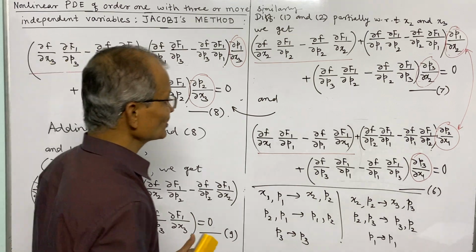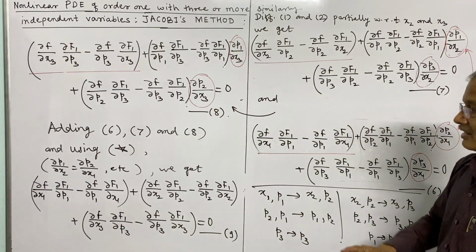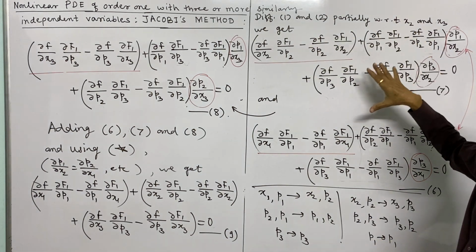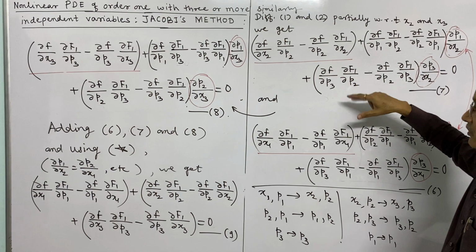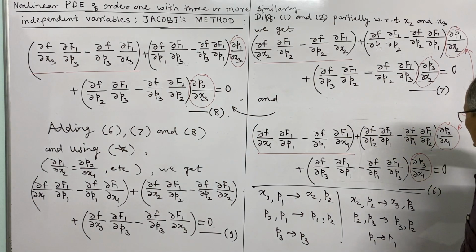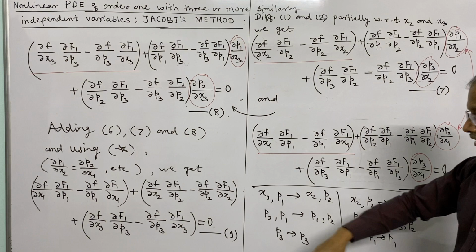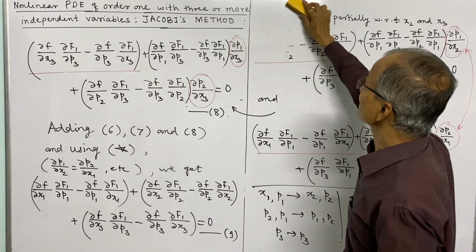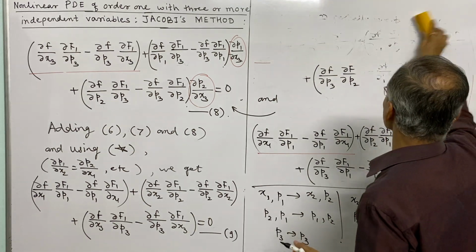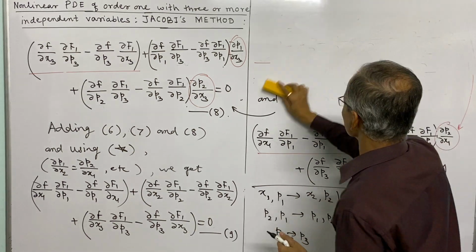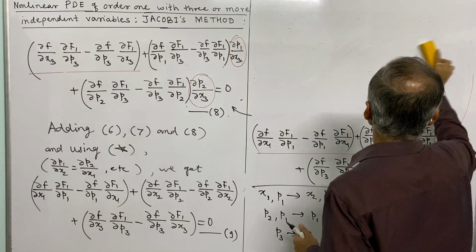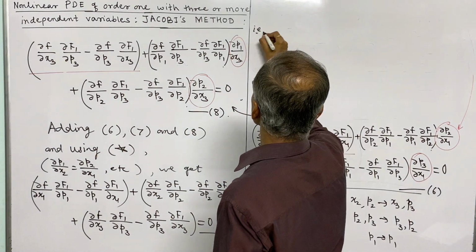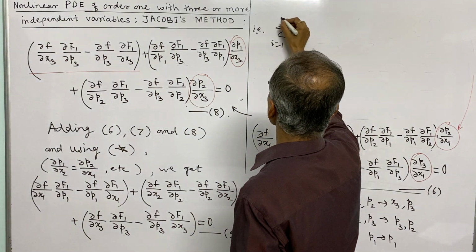Equation 9. So thus in all we have differentiated 1, 2 with respect to x1, x2, x3, and we have eliminated these terms ∂p1/∂x1, etc. We have obtained 6th, 7th, 8th. Adding these we get this one, and that can be written in brief notation, sigma notation, summation. So this can be written as summation i takes value 1 to 3.